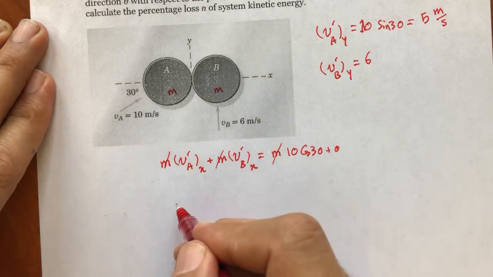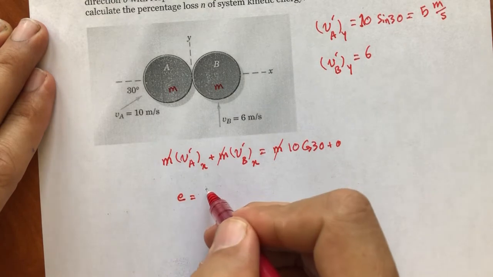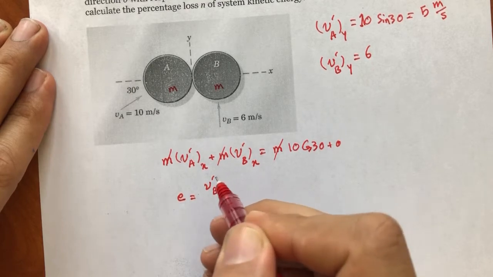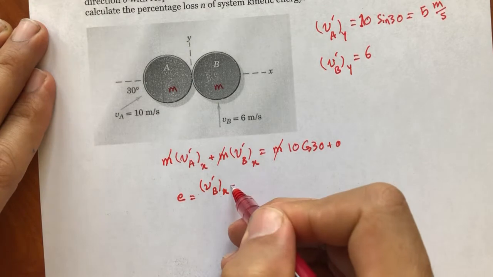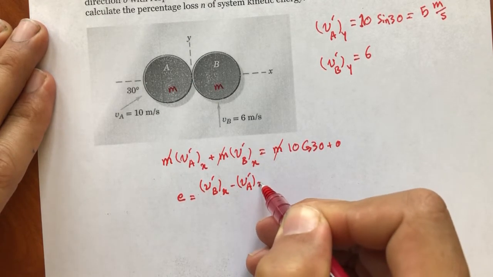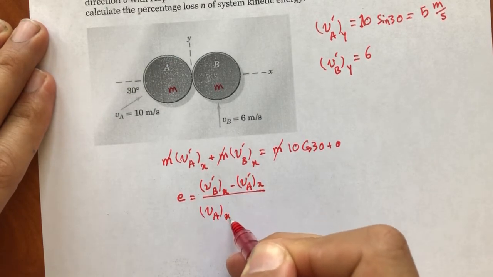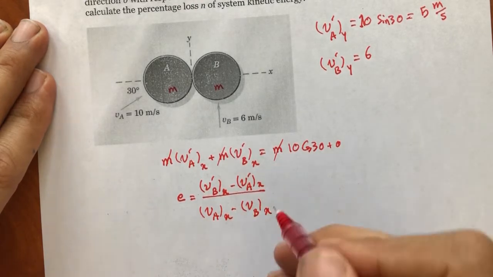The last equation comes from the coefficient of restitution. e is equal to the velocity of the second mass, A or B, it's up to you, in the normal direction minus the velocity of the other mass in the normal direction after impact, divided by VA in the x direction minus VB in the x direction before impact.